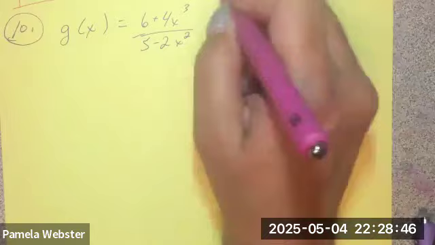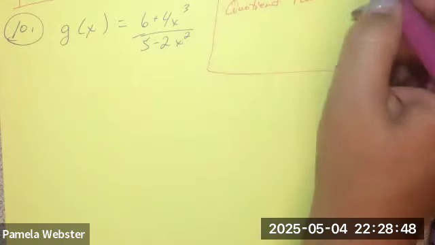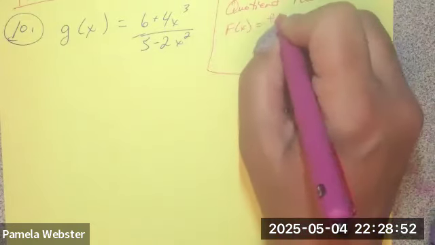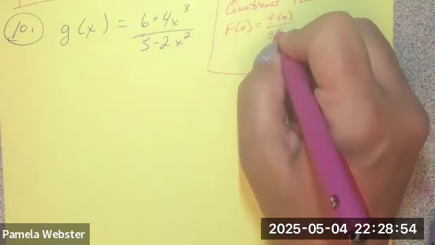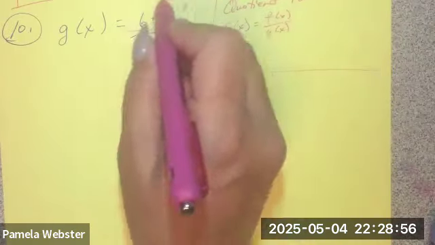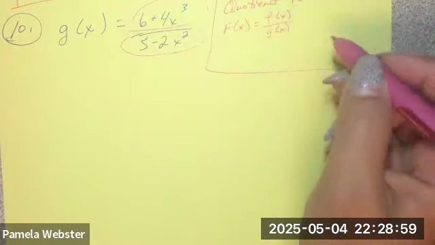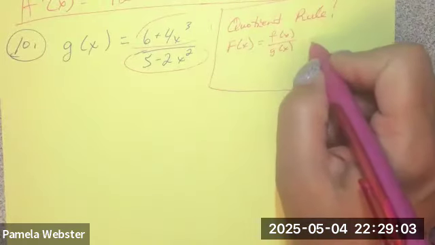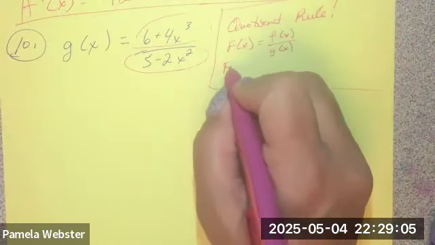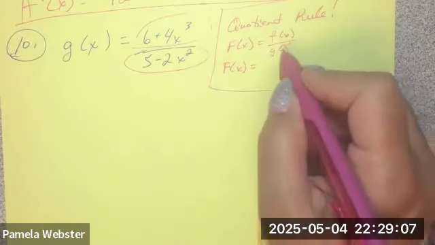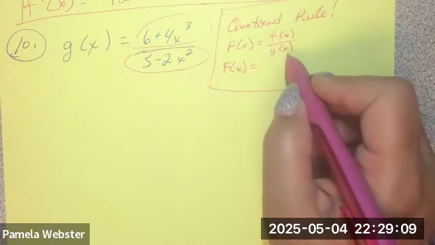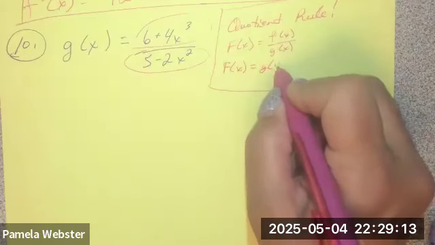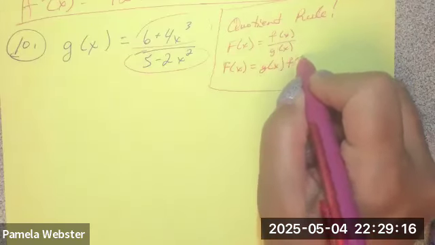Okay. And again, I hope you remember your quotient rule. Basically, it looks like this. I've got a function divided by a function, or a polynomial divided by a polynomial, then I know they are being divided. That's a quotient, right? And whenever I have that, I have f prime of x is, okay, and this matters: low d high, the low guy, d high times the derivative of the top.